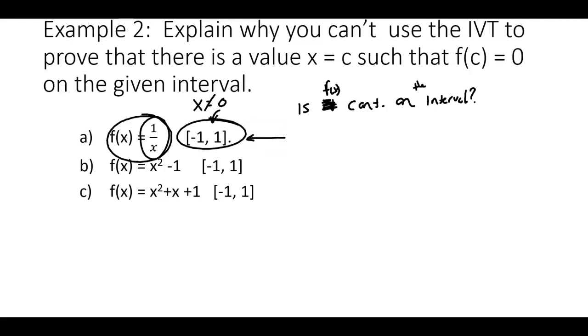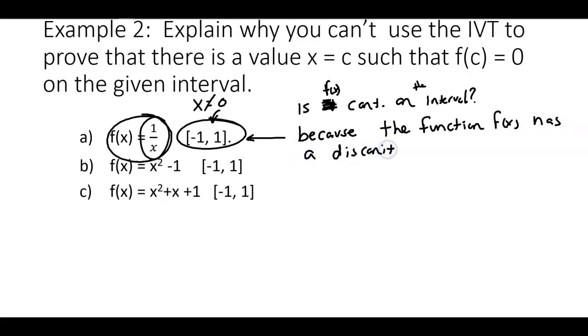And so the reason why you can't apply the IVT here is because the function f of x has a discontinuity at x equals 0, which is on our interval.